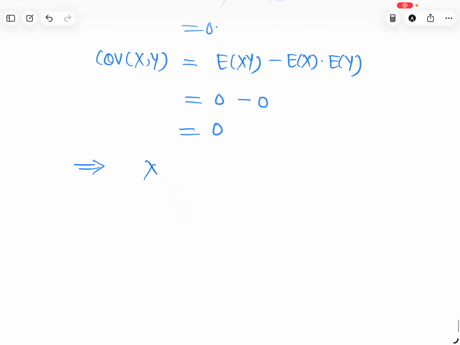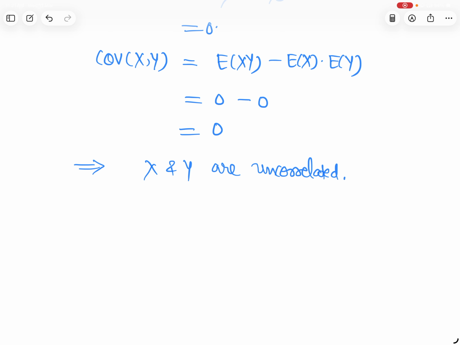X and Y are uncorrelated. So we have achieved the example where X and Y are uncorrelated, but they are not independent. Okay. Any doubt in this? Is it clear?